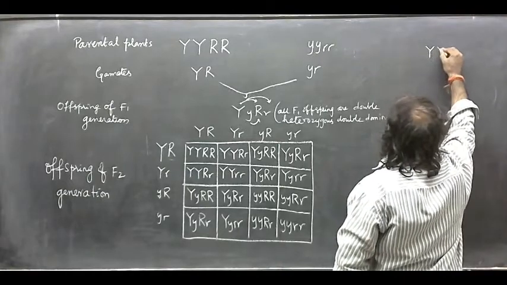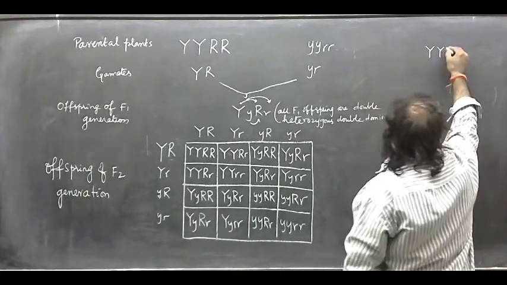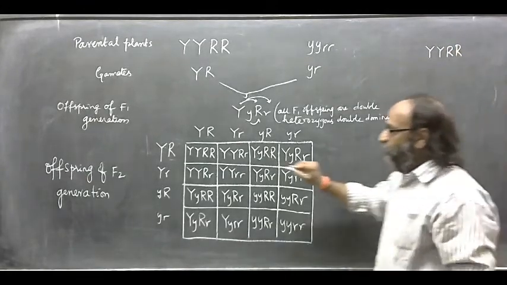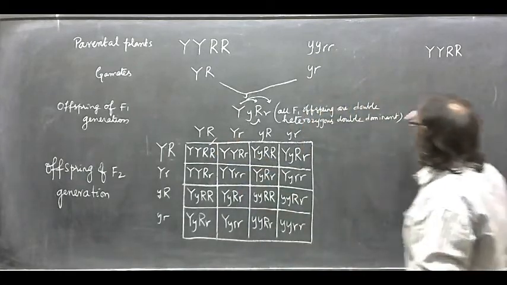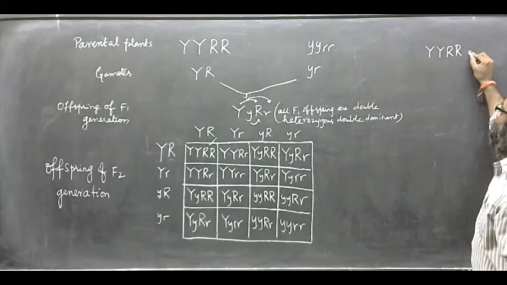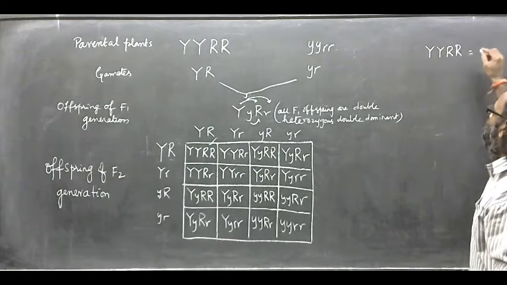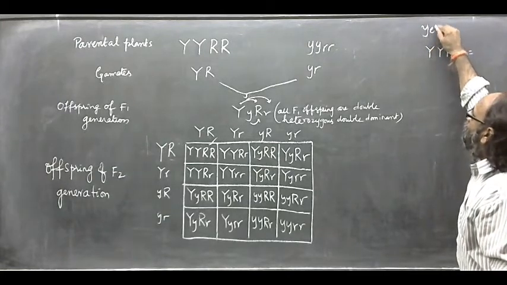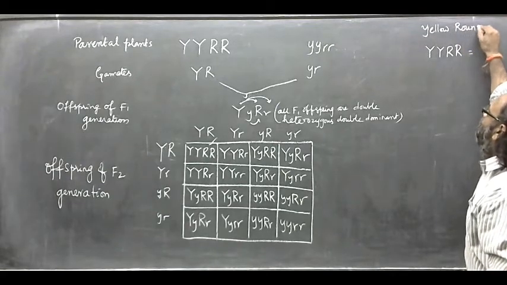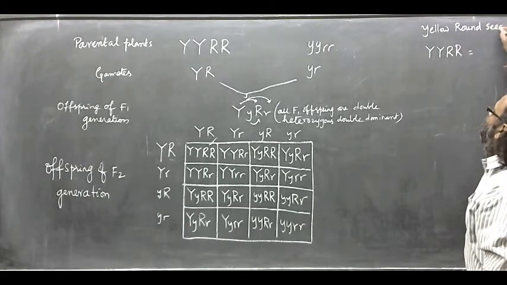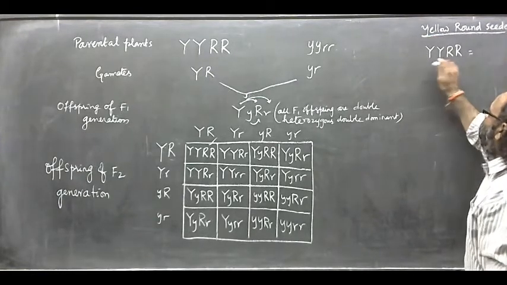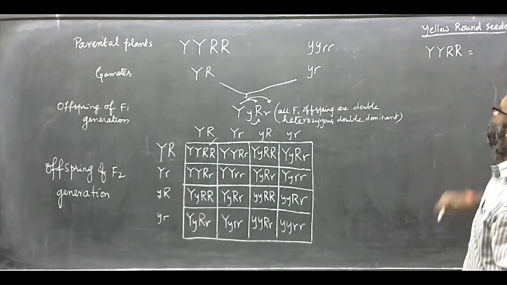I have taken capital Y, capital Y, capital R, capital R. That means these are the plants with yellow round seeded, whose genetic makeup is like this.